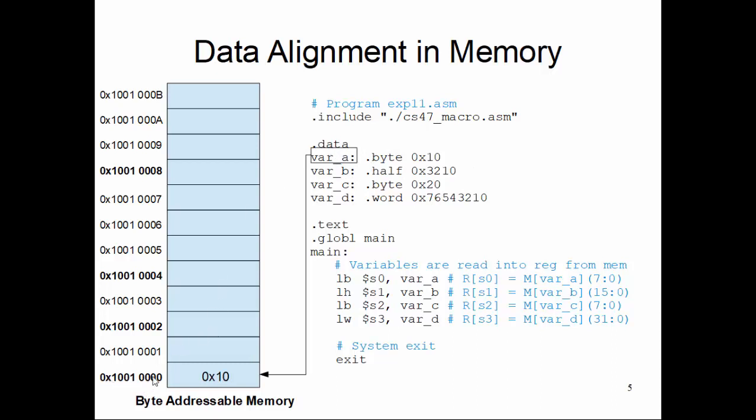B went here, C went to 004, and D is starting from 008, leaving a 3 byte gap, right? This is the problem of data alignment. This phenomenon is called data alignment.